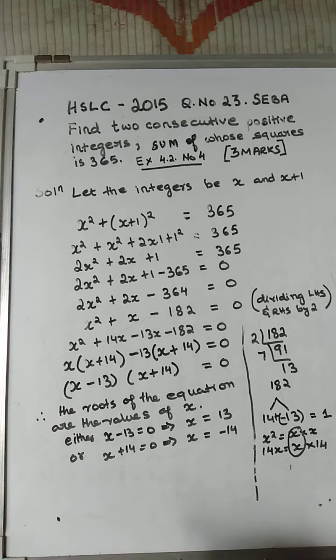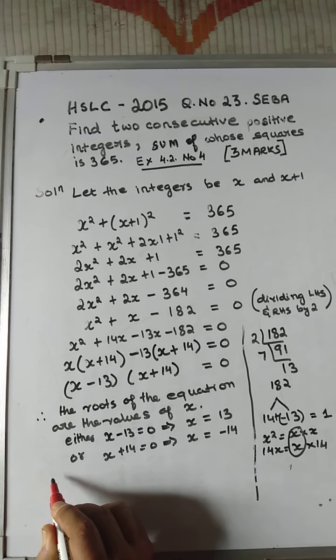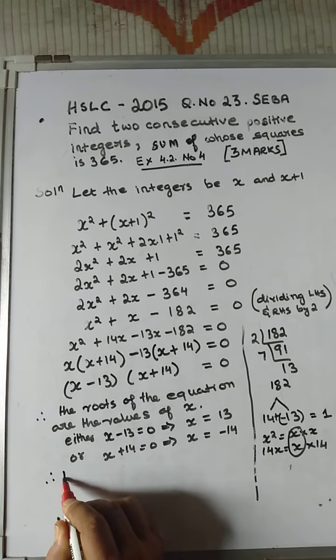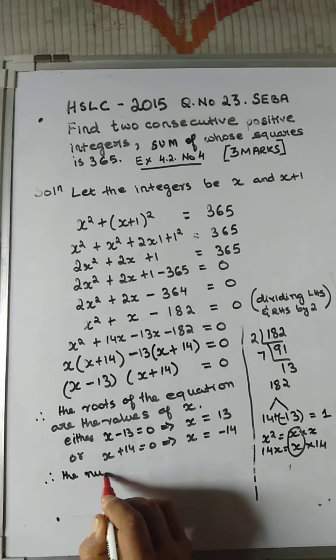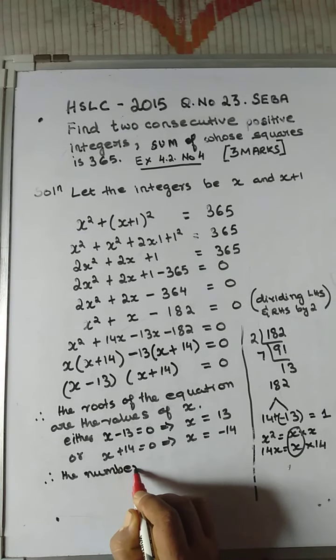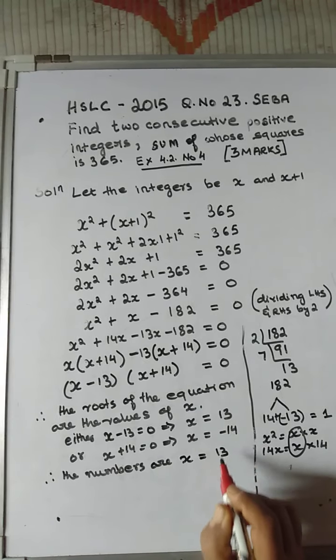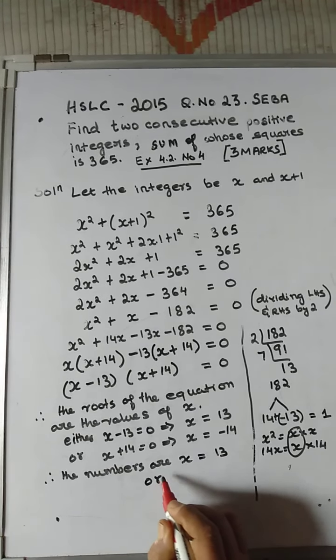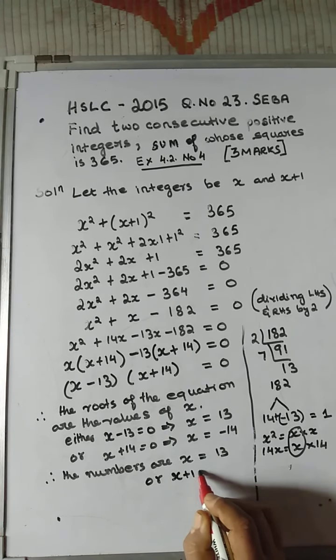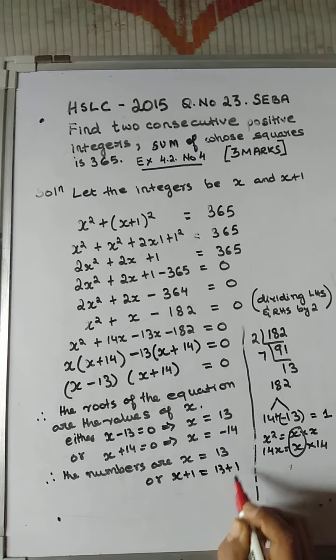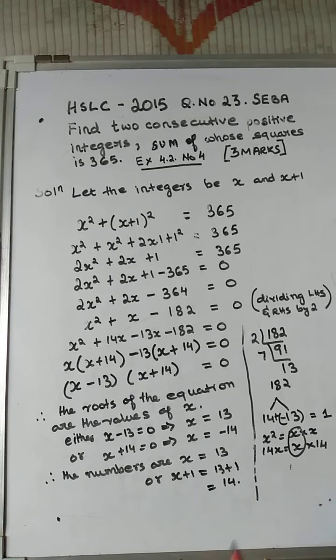Since we need positive integers, you would say, therefore, the numbers are x is equal to 13, or x plus 1 is equal to 13 plus 1, which is equal to 14.